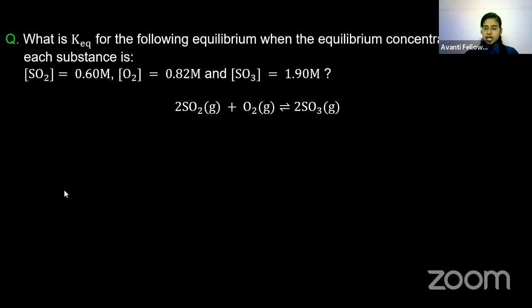Can you unmute yourself and tell me the Keq relation for this reaction? This is the reaction. SO3 is the product. SO2 and O2 are the reactants, right? So how to write the Keq for this?